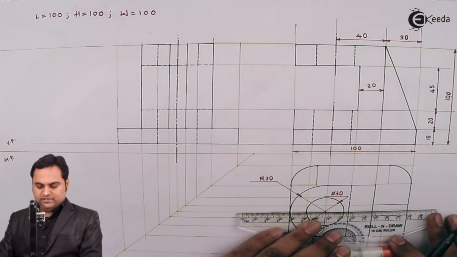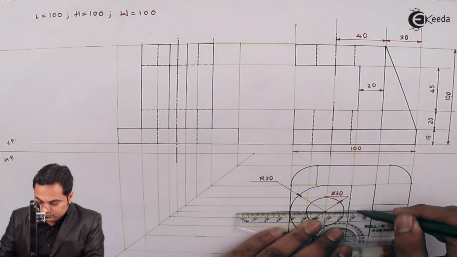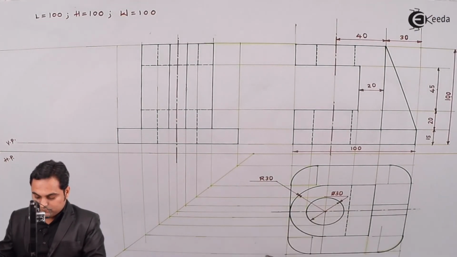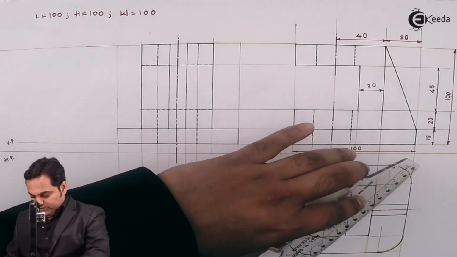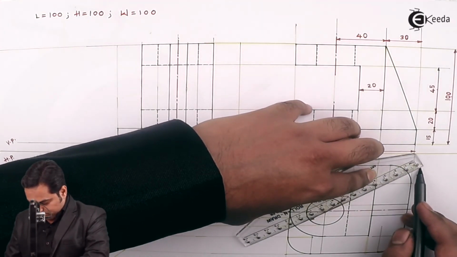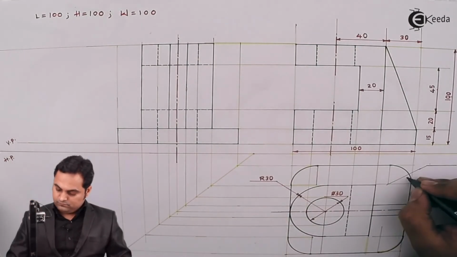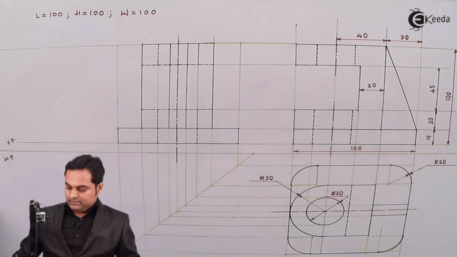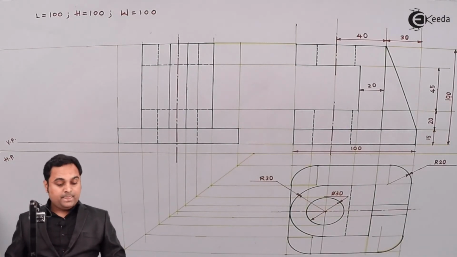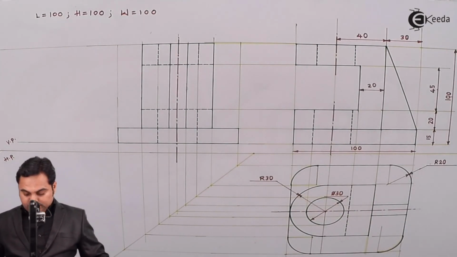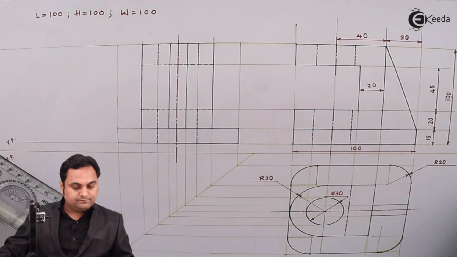Here I'll draw the center line in the top view. Next, radius is 20 for these quarter circles. And it is understood that this radius 20 will be there on all sides. Next, after reaching up till here, the side view is left.